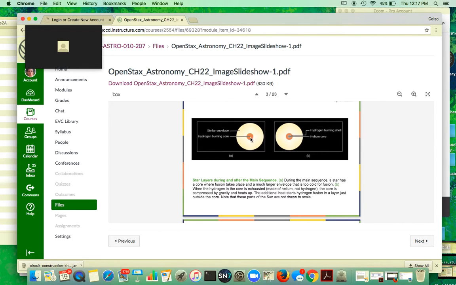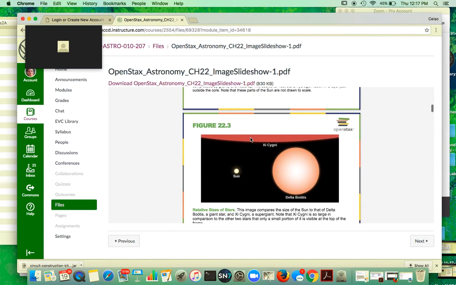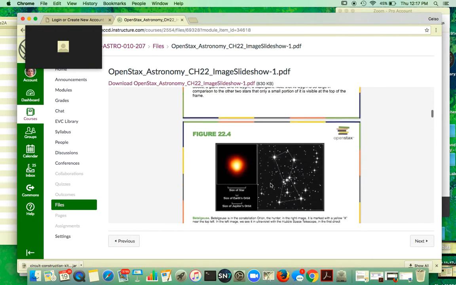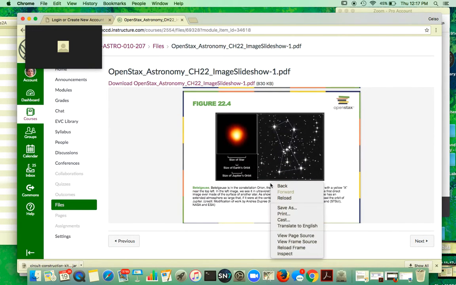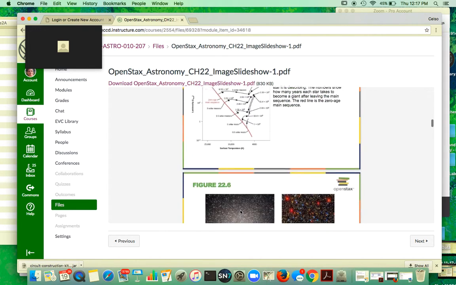Now, eventually, this hydrogen is going to be depleted, and the core is going to be a helium core. When that stage arrives, the star ceases to be a main sequence star, and then goes on to be what we call a giant star.